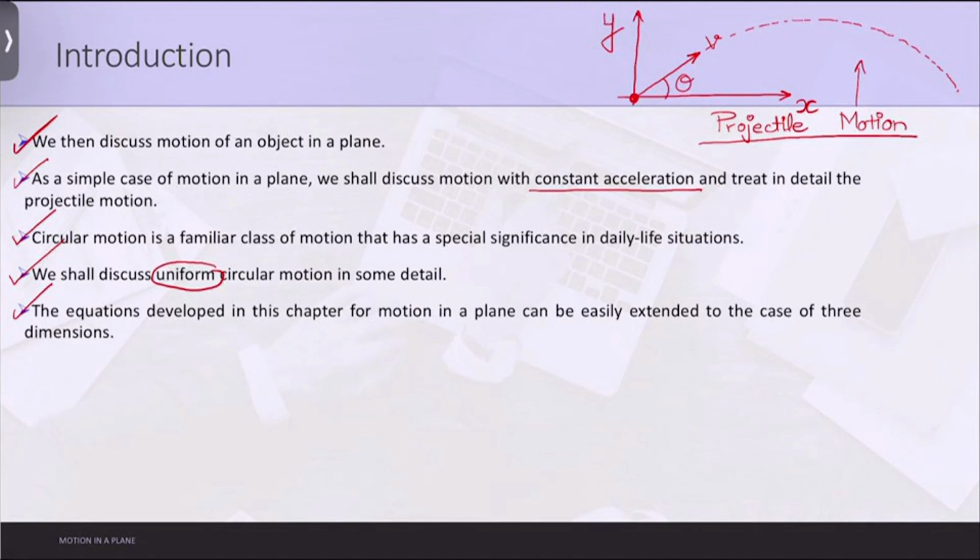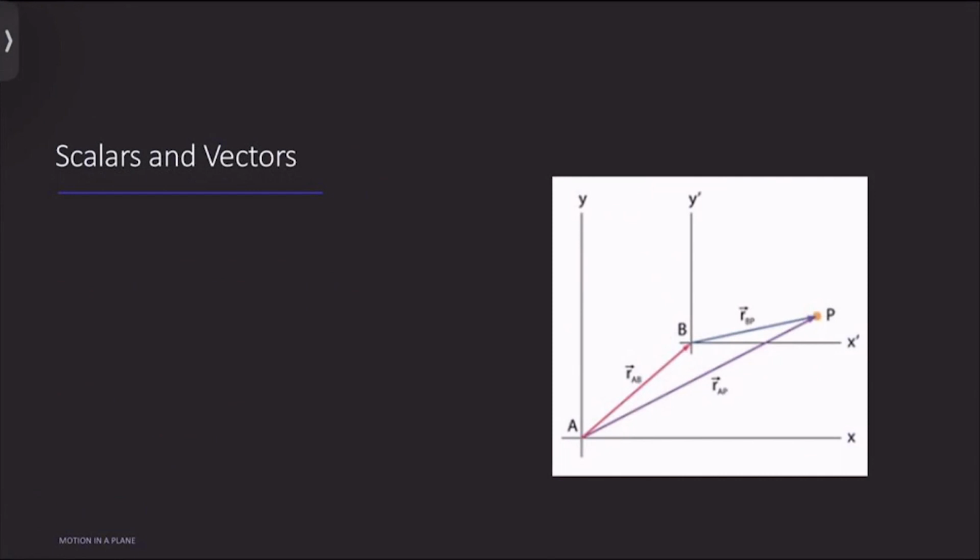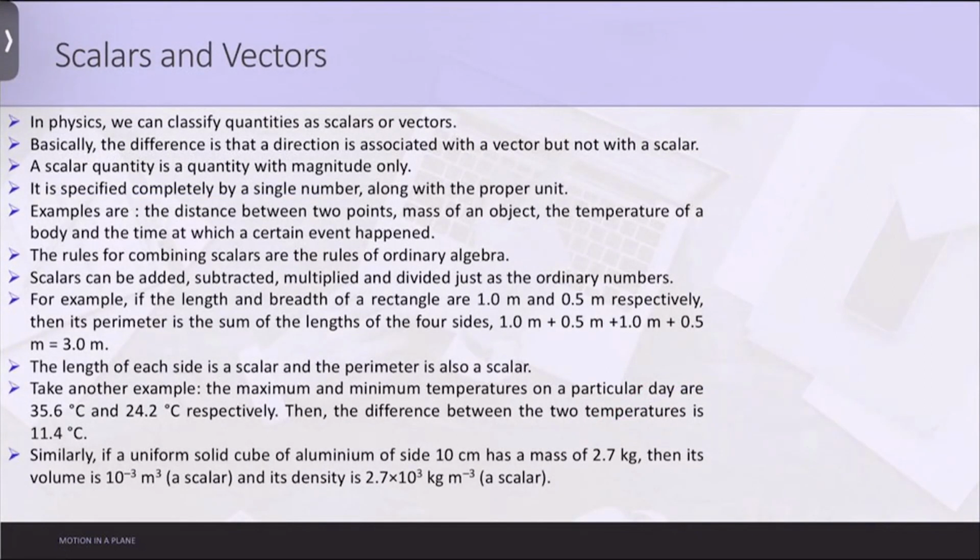Fine. So let's start with, first of all, scalars and vectors. Please listen to it very carefully because vector is a new concept for you. In starting, let us make it very, very simple and then we can move forward. First of all, the first term written is scalar. Scalar is all the things which you have done till class 10th, everything which you have added, subtracted, multiplied, divided using the basic concepts of algebra were called scalars.